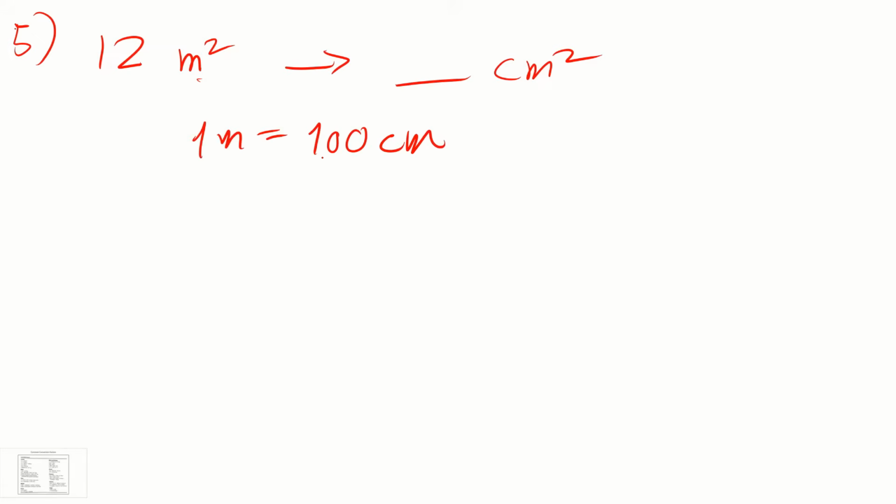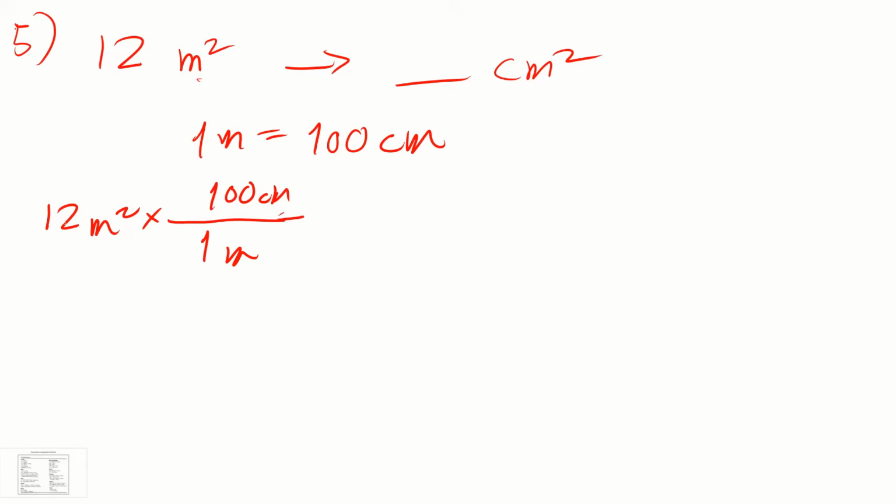So using this information, we can now convert 12 square meter to square centimeter. Write down our original value times the conversion factor. Dito, we would like to eliminate meters, so ilagay natin dito 1 meter, 100 centimeter.